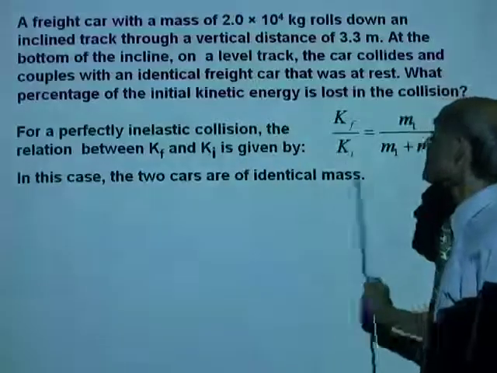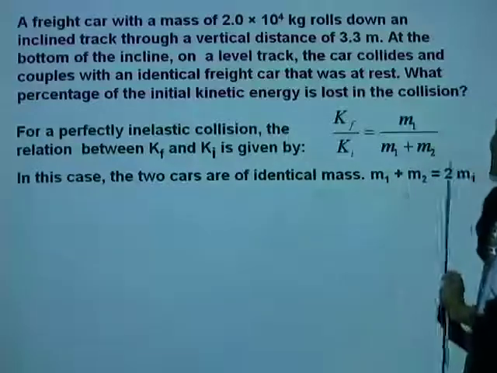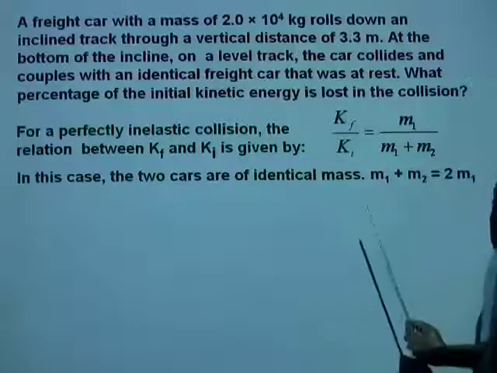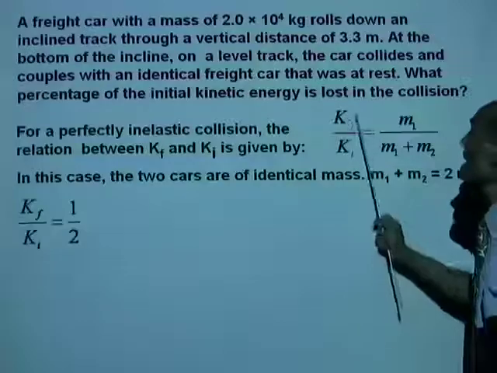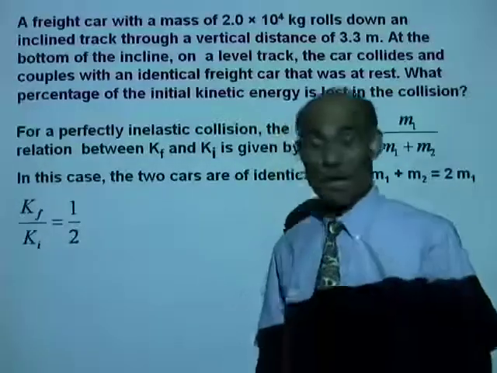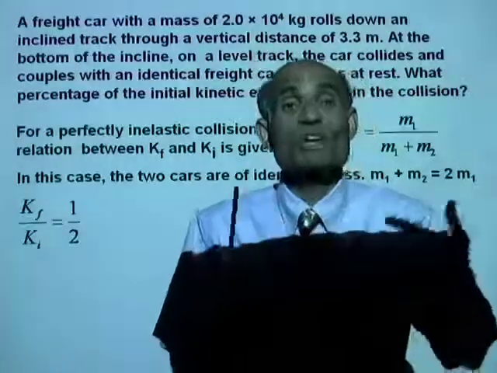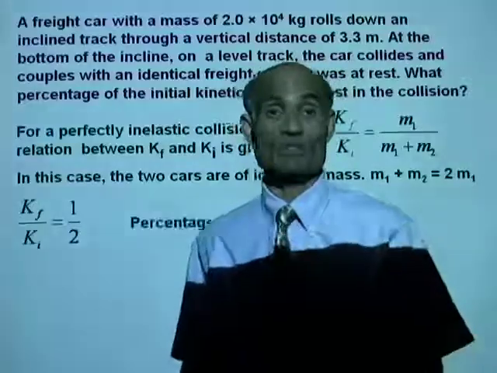Therefore, m1 plus m2 will be twice that value. So, m1 plus m2 equals 2m1. So, what is Kf over Ki equal to? 1/2. That means, in this particular case, half of the original kinetic energy is lost.